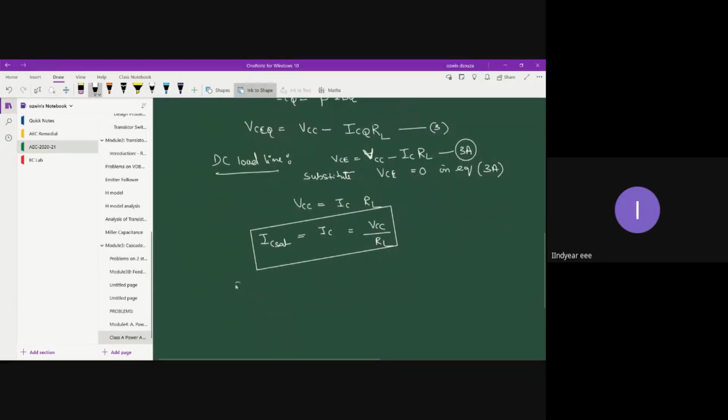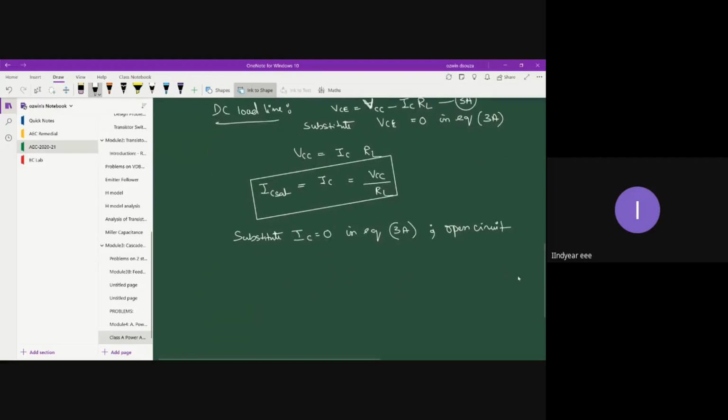These are all known things to you. Similarly, now put IC equal to 0 in equation 3A. What do you mean by IC equal to 0? It is analogous to open circuit, because in case of open circuit, current becomes 0. So what do you get?